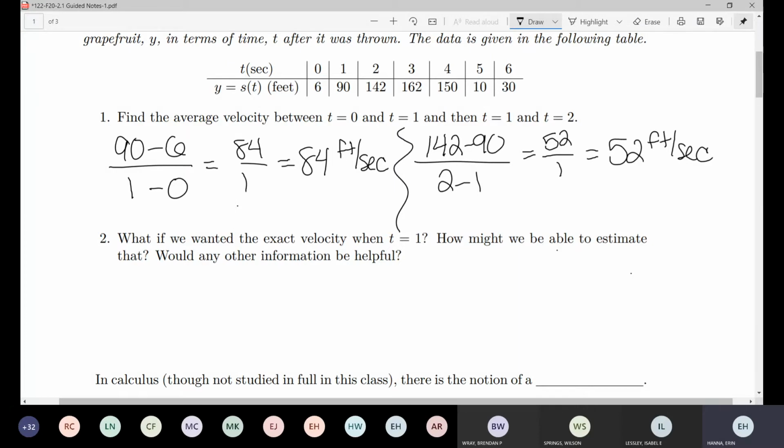There's one way we could do it with the information we're given now, and there's also something that could be more helpful if we could add extra information. For what we have right now, we could average the two average rates of change.